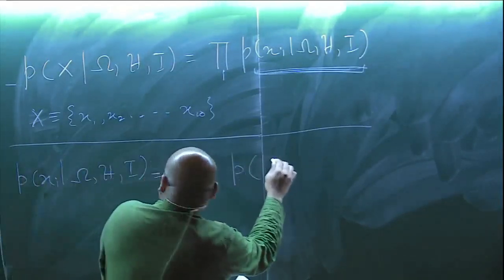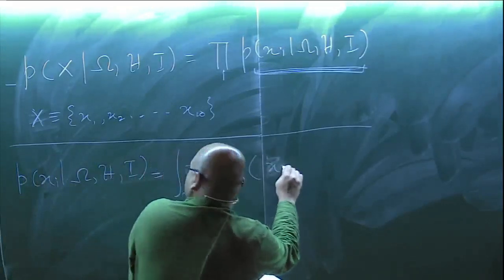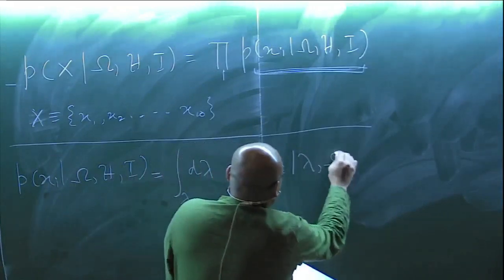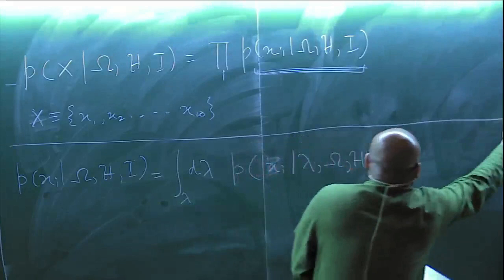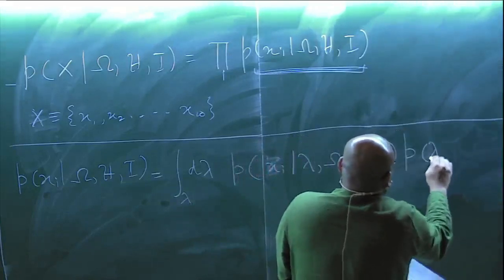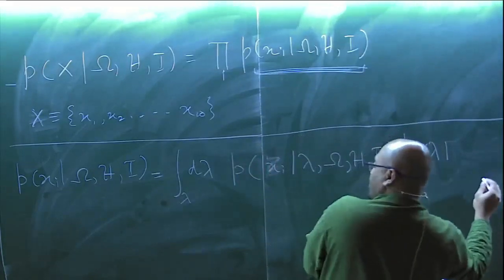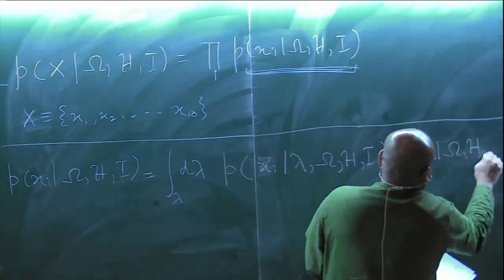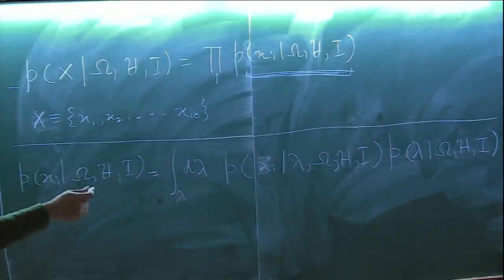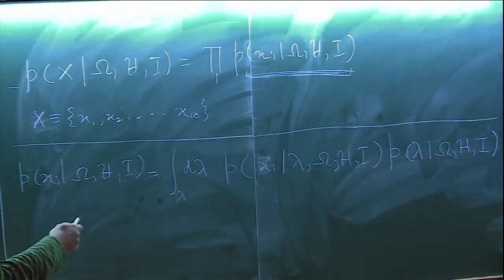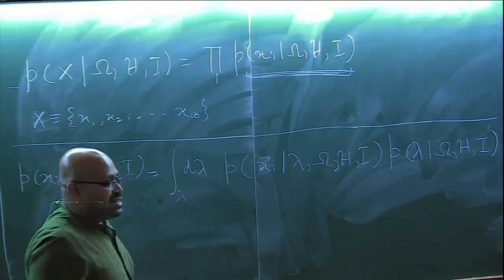I take P of the data given lambda, and everything else that was on the right hand side remains on the right hand side, times P of lambda, with everything that was on the right hand side still remaining on the right hand side. I have opened up this marginalization integration.